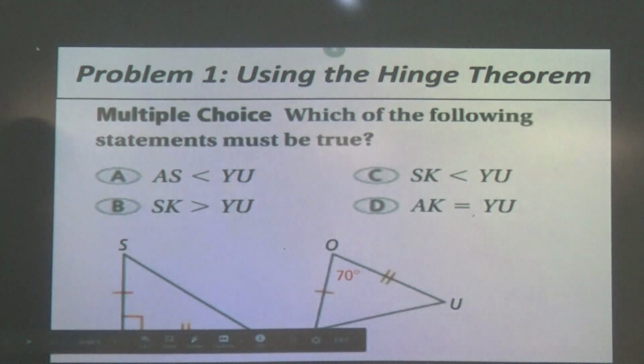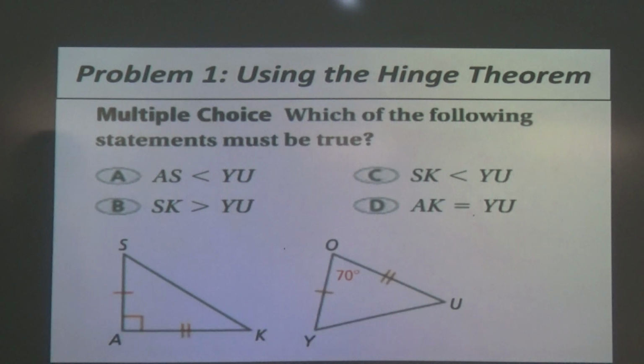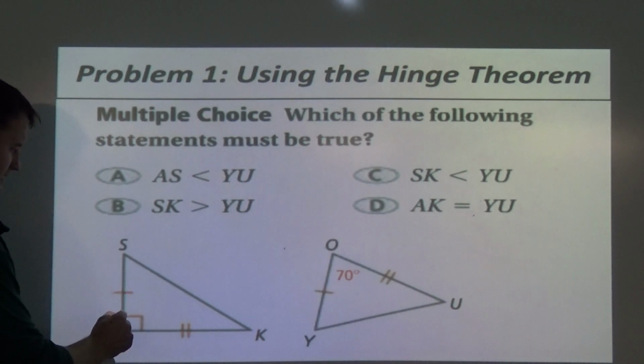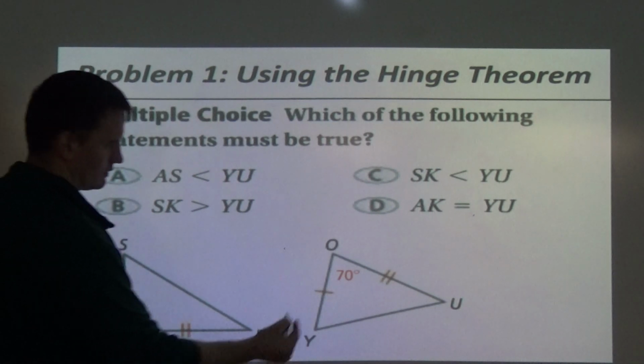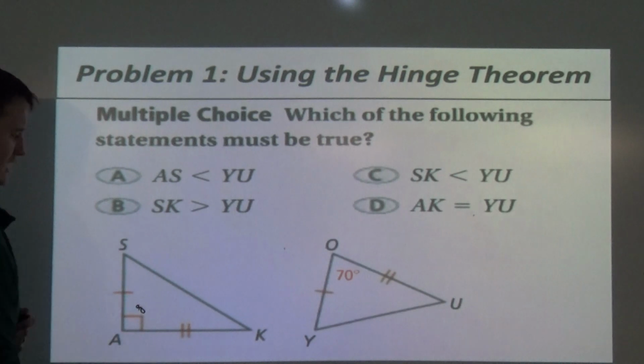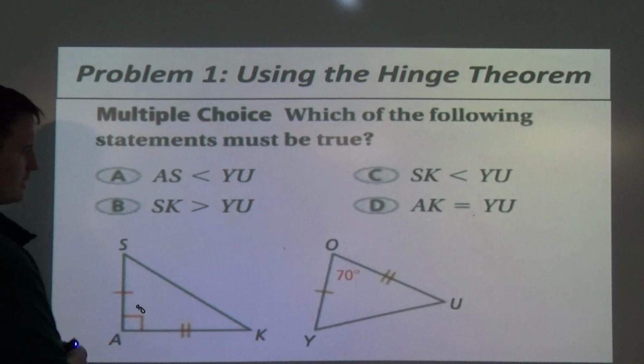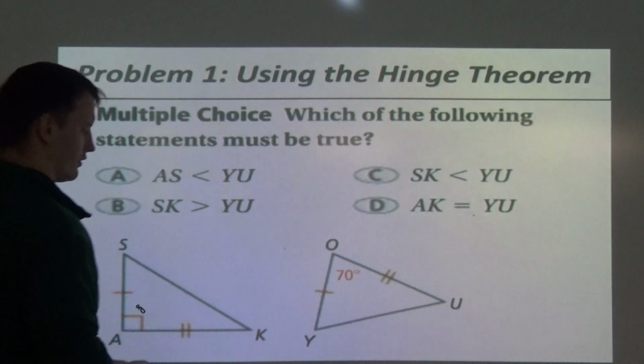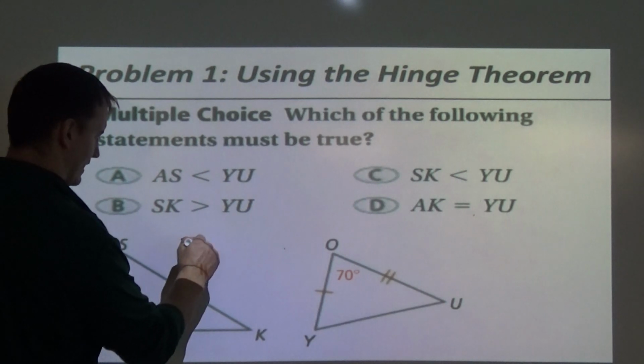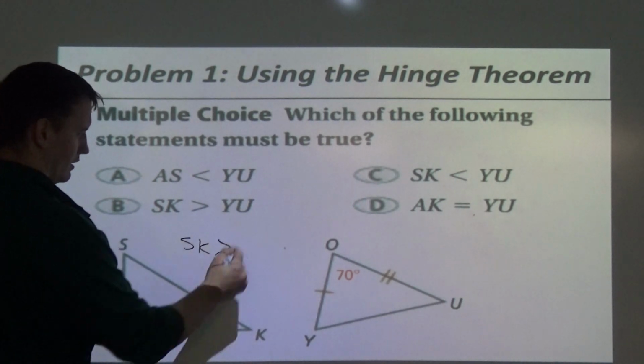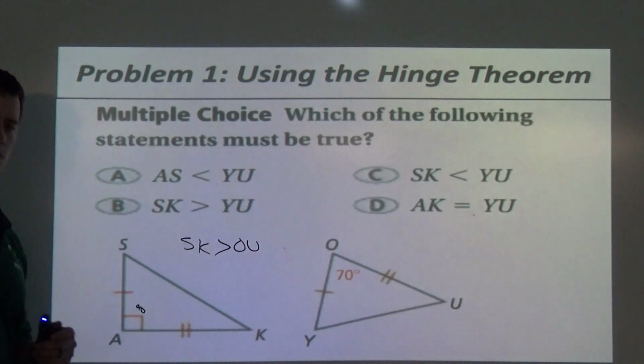Multiple choice. Which of the following must be true? Well, if we're looking at this, we see this is 90. This is 70. These sides are the same, which means the larger angle, opposite that, is going to be the longer side. So SK will be larger than OU.